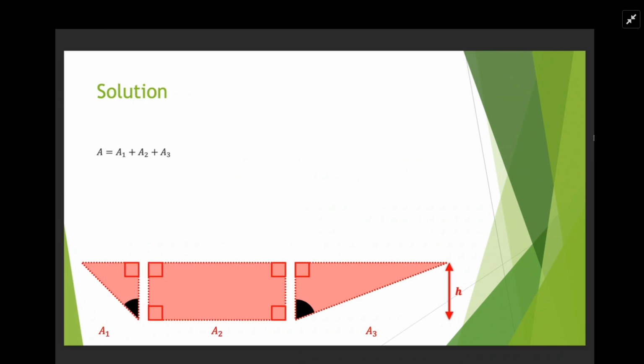So now we've done the setup, let's find the solution. The total area of water is equal to the first area plus the second plus the third. Now we substitute our formulas into there, and the result simplifies to 11/6 h squared plus 12h.